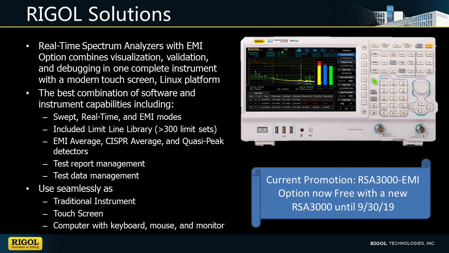It also enables your EMI average, CISPR average, and quasi-peak detectors that you can use for a number of pre-standard, pre-compliance setups. With test report management and test data management, you're able to archive all of your data, compare traces, and compare limit lines to get as close as you need to for confidence that you'll eventually be able to pass a full compliance test.